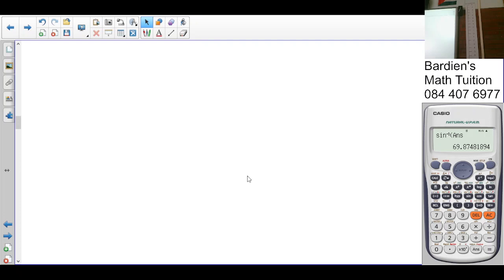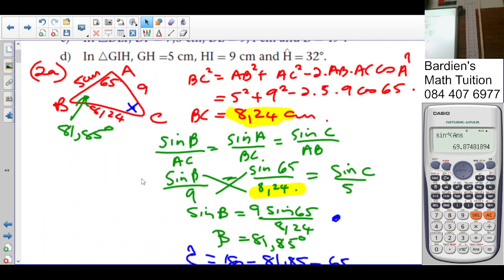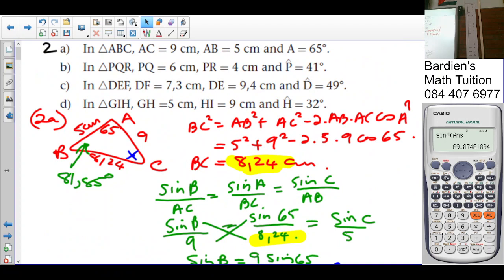Right, what else did I give you to do? That's it. You have 2 minutes, okay. You can do 2 sums in that time. Which page are we on?